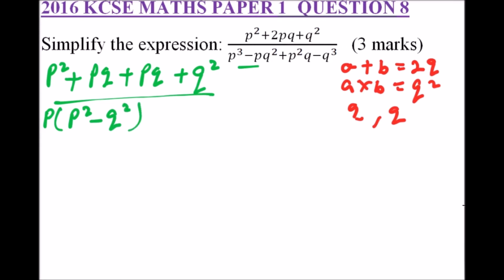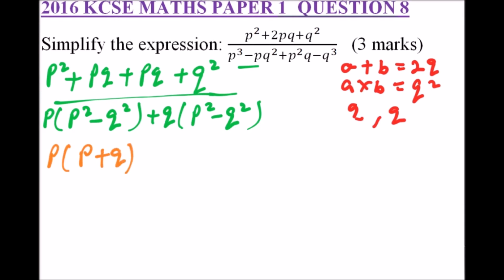Then the other one you factor out q. So we have q, we will be left with p squared plus q squared. You close the bracket. From there, we can factor out what is common there. It is p, you put the bracket, so we remain with p plus q. And then this other one we factor out q, so we have q, we have p plus q.